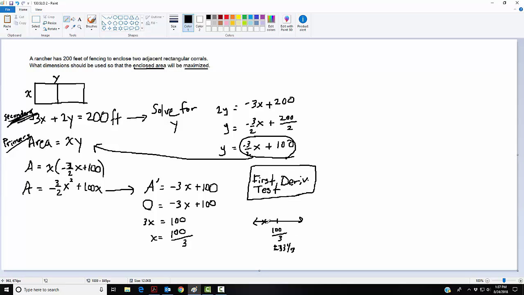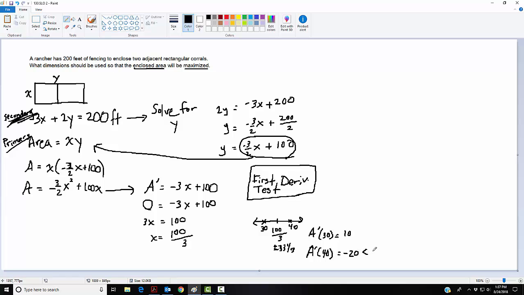So I can make this test point to be 30 and this one to be 40. I plug this in, so I see A prime of 30, and A prime is over here, so that's going to be 10. A prime of 40 is here, and I'm going to have negative 3 times 40 is negative 120 plus 100, which is negative 20.